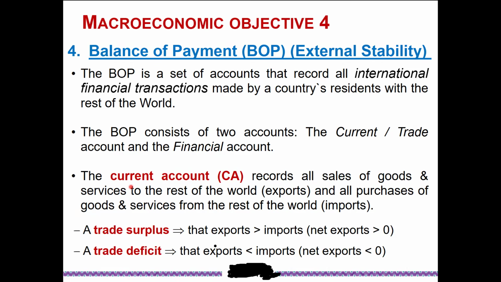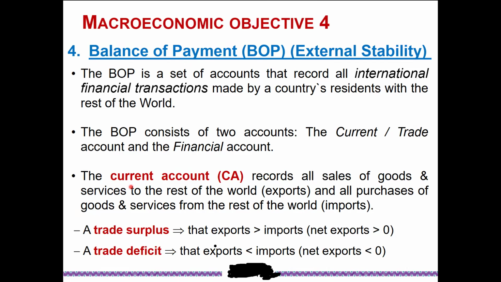So the balance of payments consists of two accounts, which are the current account and the trade account. Oh, sorry, which are the current account or the trade account and the financial account, right? So the current account or the trade account just records all sales of goods and services to the rest of the world and all the purchases of goods and services from the rest of the world, right?